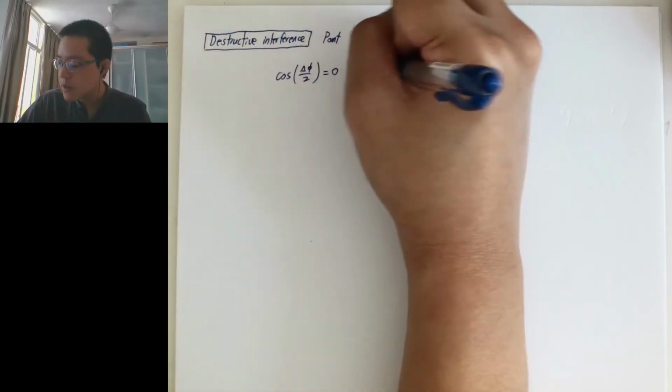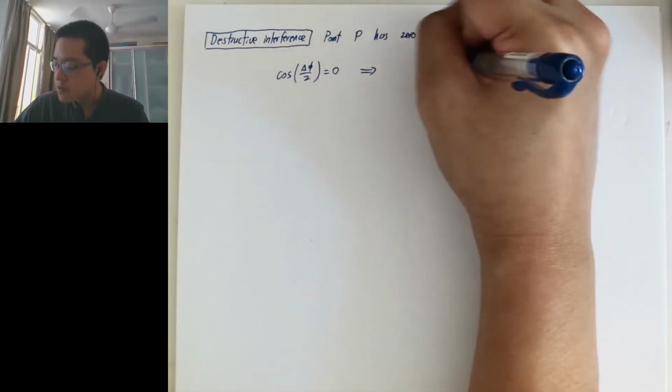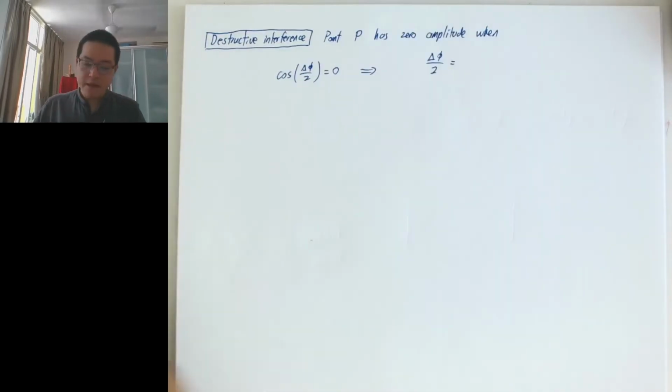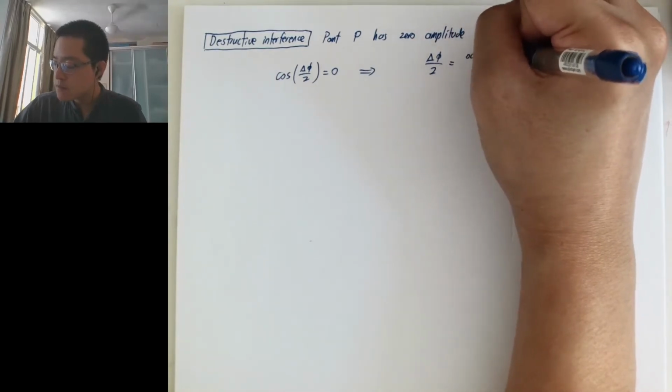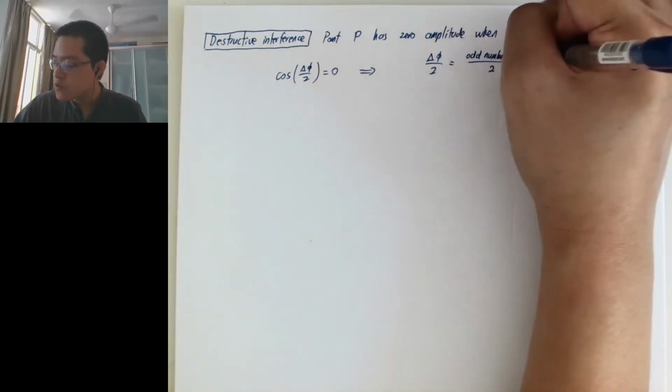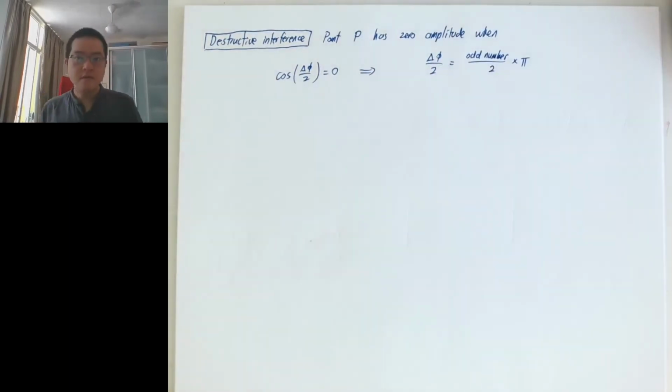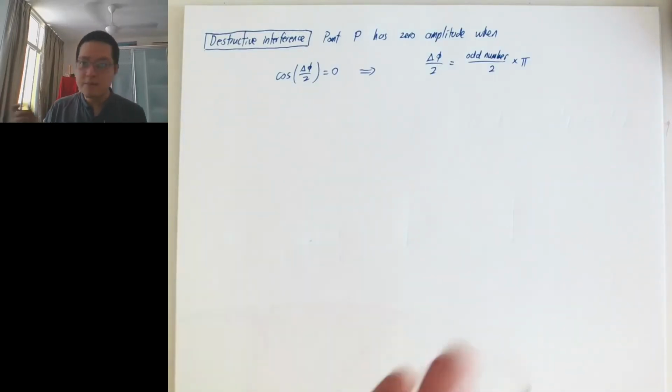So how do I make the cosine function 0? To make this cosine function 0, delta phi over 2 must be an odd number divided by 2, times pi. Cosine 90 degrees, or 3 pi over 2, 5 pi over 2, the cosine of all those numbers becomes 0. You can check with your calculator.